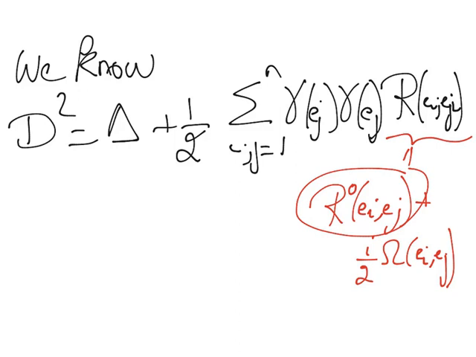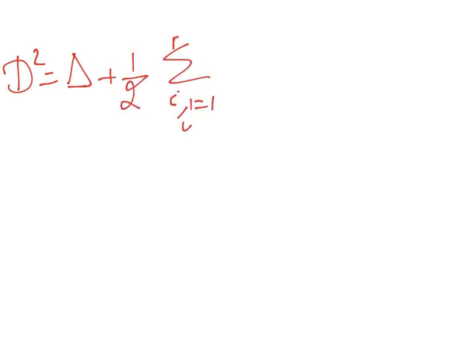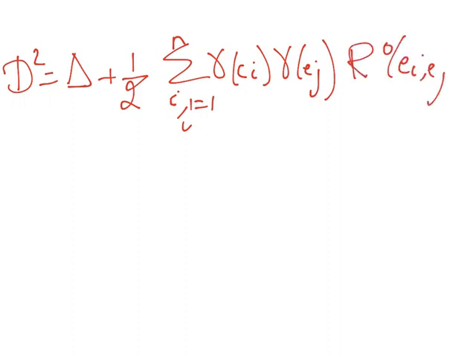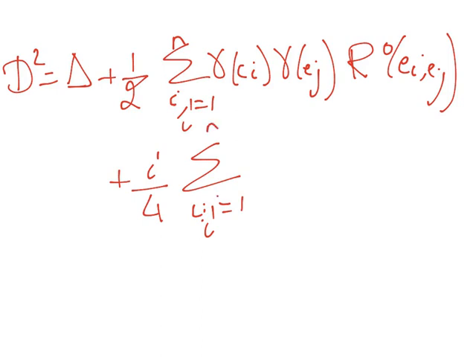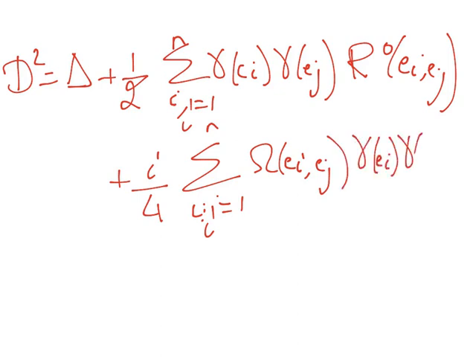So what we will get is the following: D squared equals the Laplacian, plus 1 over 2 sum over i, j from 1 to n of gamma e_i gamma e_j R0 e_i e_j, plus i over 4 sum over i, j from 1 to n of omega e_i e_j gamma e_i gamma e_j.